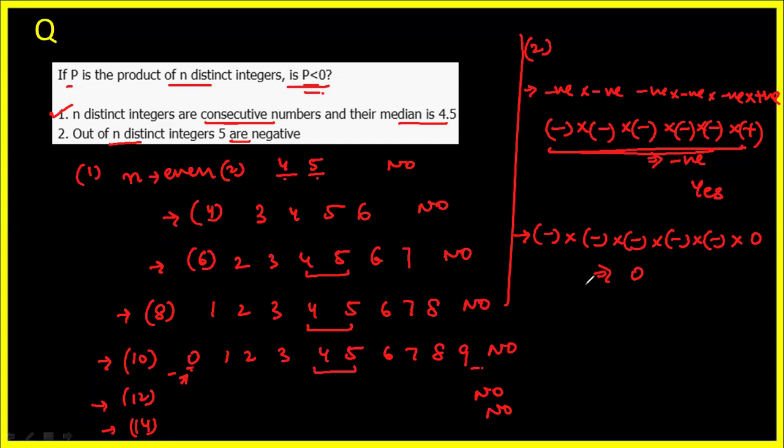Makes sense. Now, if that is 0, is P less than 0? No. Now, from statement 2, we are not getting a definite yes or definite no as an answer. That means the second statement alone is not sufficient. A would be your correct answer here, right?